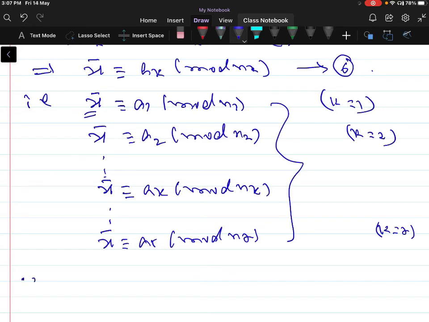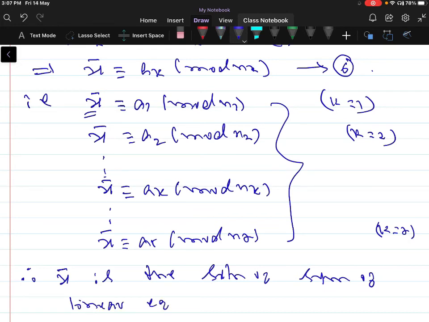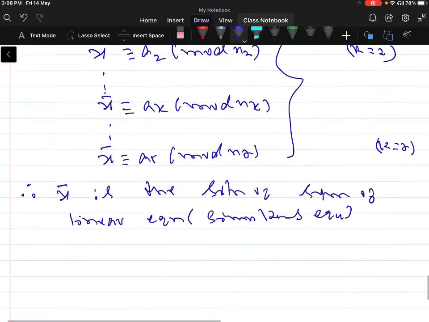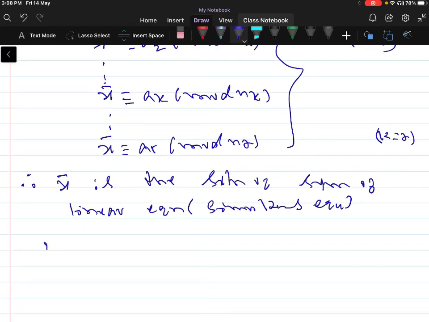Therefore x bar is the solution of the system of linear simultaneous equations.